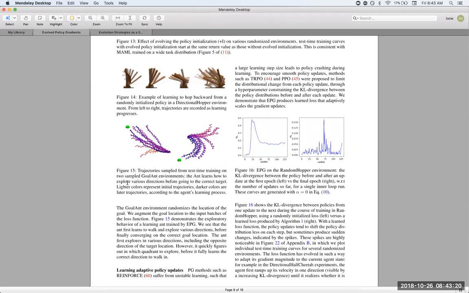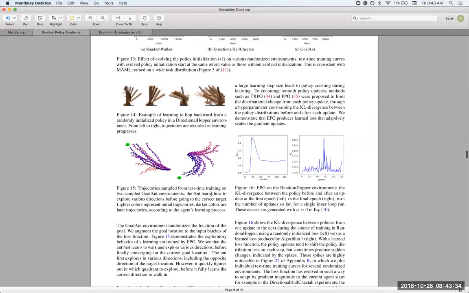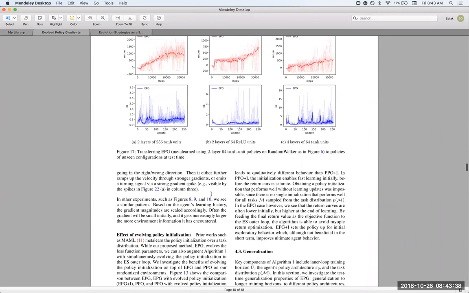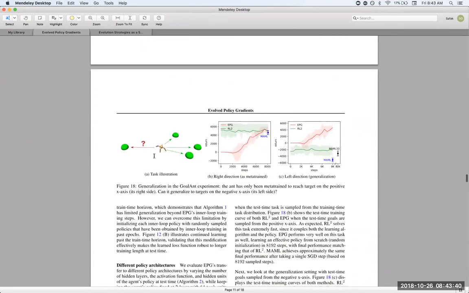The ant learns how to explore various directions before going to the correct target. Lighter colors represent first initial trajectories and darker are the later trajectories. Wait a second, though. Okay, this one.